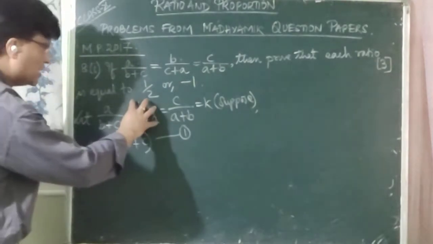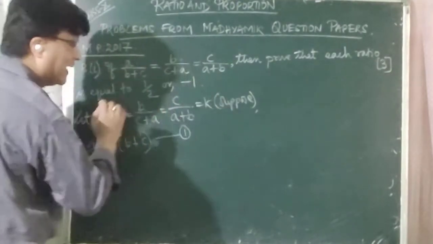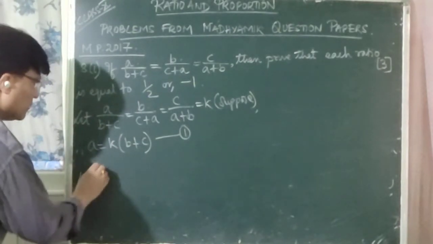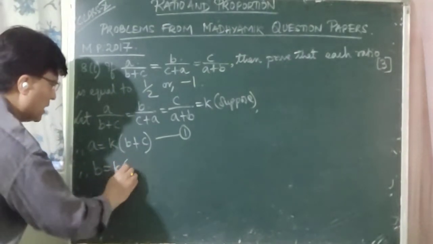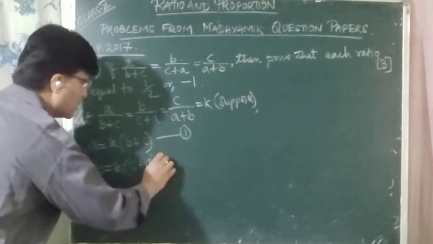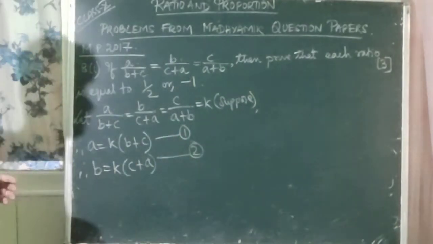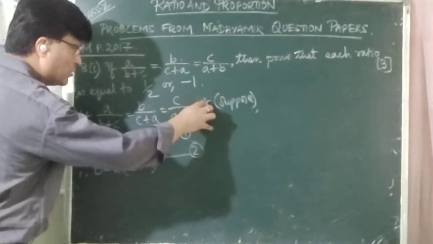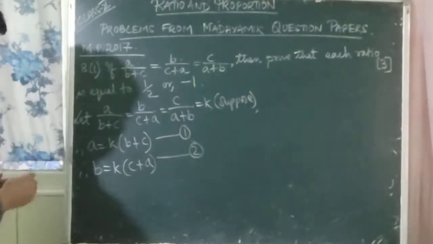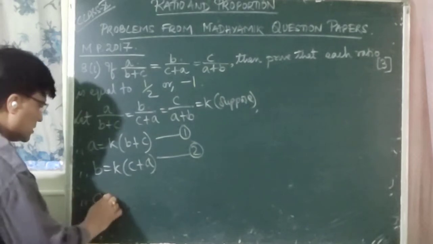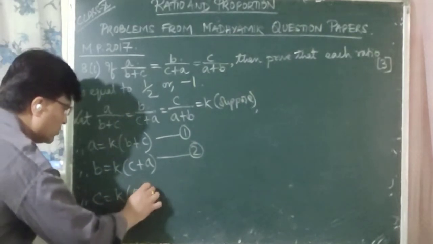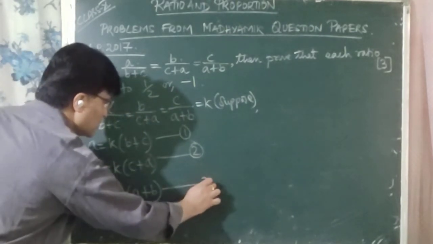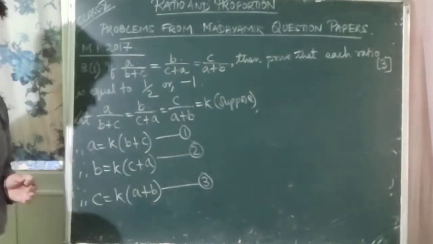Similarly, equating the second ratio with K, after cross multiplication we get B is equal to K into C plus A. This is number 2. Similarly, equating the third ratio to K, by cross multiplication we get C is equal to K into A plus B. Suppose this is number 3.